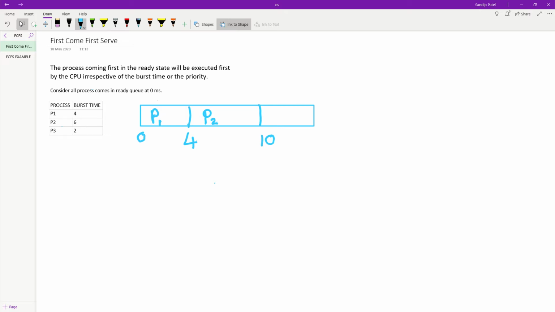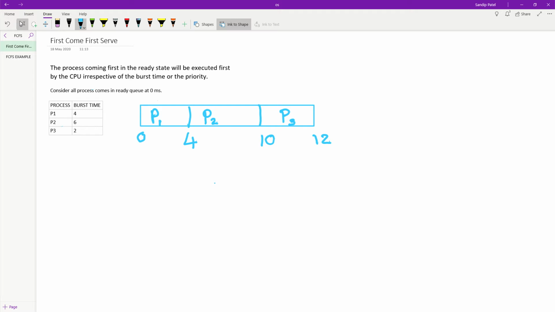So process P2 has completed its execution. Now the next process selection is P3, because the next one is P3 after P2. It requires 2 millisecond only. So 10 plus 2, it completes its execution with the 2 millisecond clock cycle, right? So the Gantt chart for the FCFS algorithm is over.